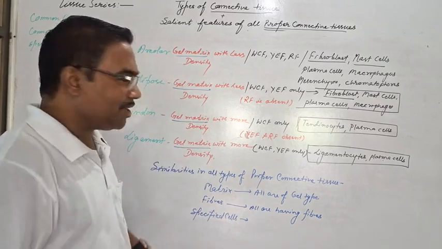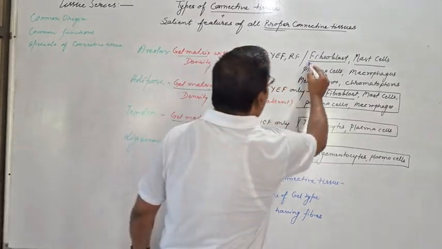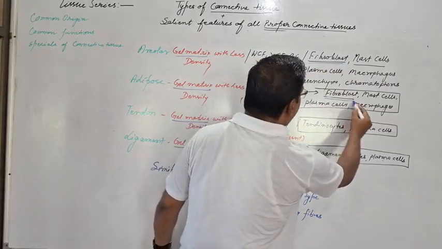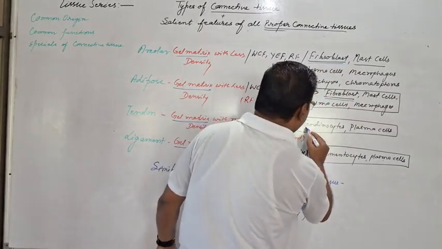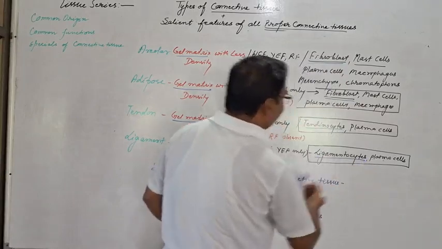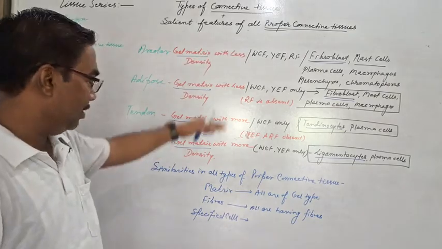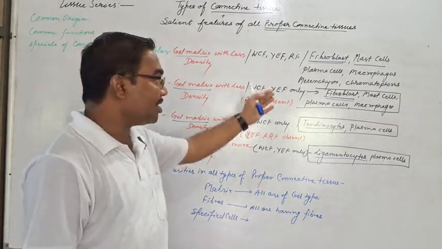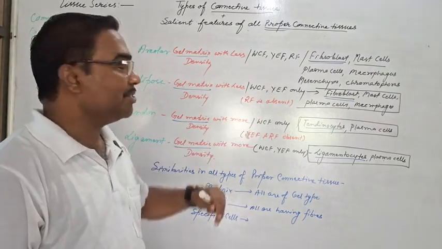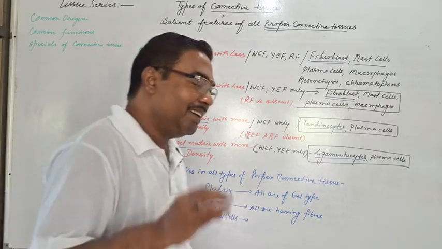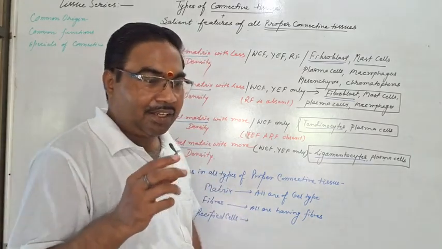What specified cells did you see? First, fibroblasts you can see here, and here tendinocytes and ligamentocytes. Why am I saying that these are all similarities, when the words are different: fibroblast, tendinocyte, ligamentocyte? Listen.